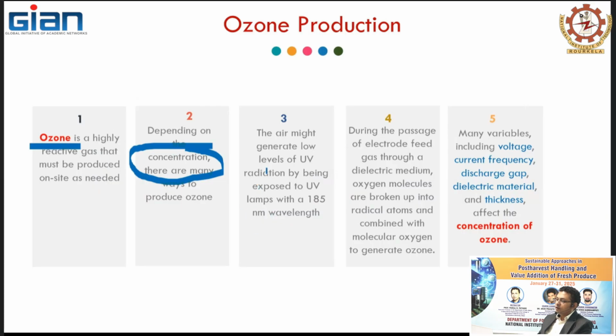So when we generate the ozone, UV radiation with a particular nanometer wavelength breaks up the O2 to separate the oxygen atoms, and one may attach to another O2. When the oxygen molecule is broken up and joins with another O2 directly, that's how we get O3.